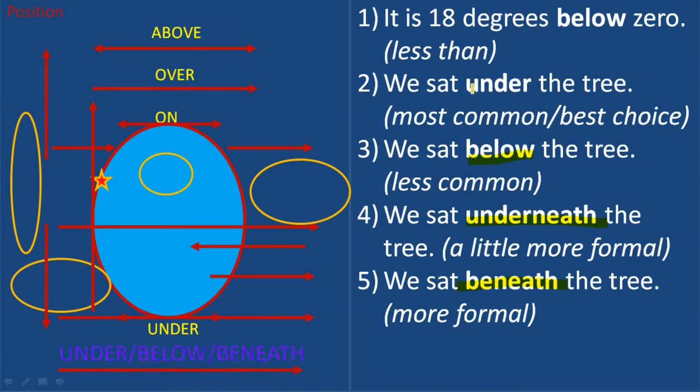Every sentence is correct, okay? But which is most formal? Under. I think you have got the idea. You can use both under and below. It is no problem, but which is most used, you should remember it.